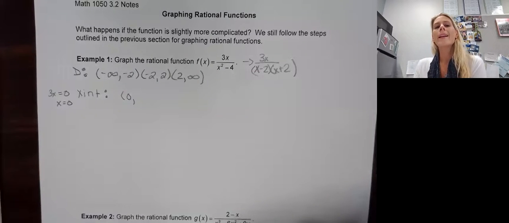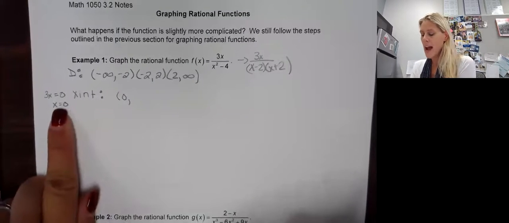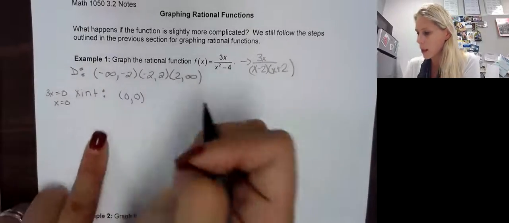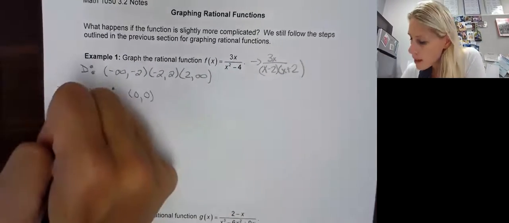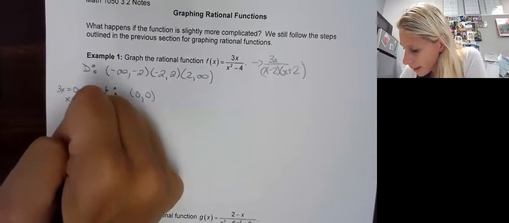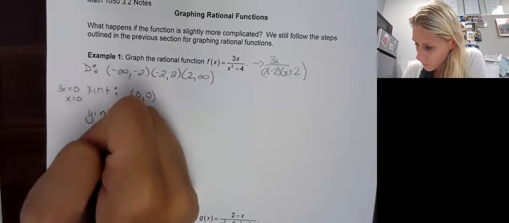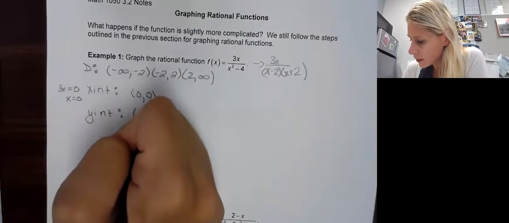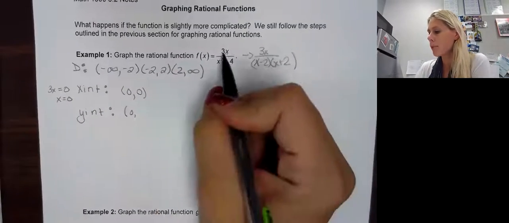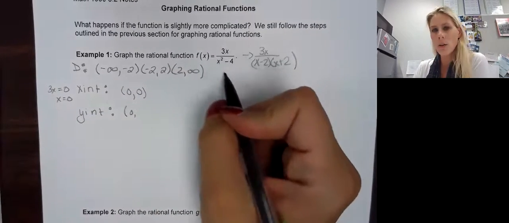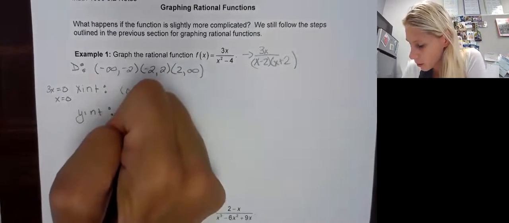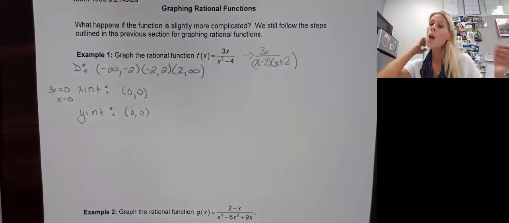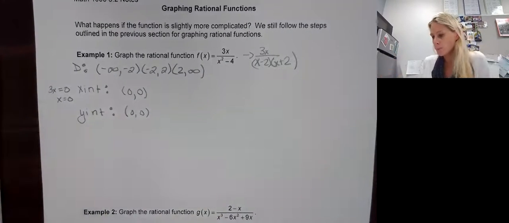Remember, when this is solving for x, the x-intercept is also when y equals 0. Okay, now the y-intercept is where x equals 0. Well, of course, if we plug in 0 here, we get 0 over negative 4, which is 0. And that makes sense, right? Because if we have an x-intercept at the origin, the y-intercept is the origin.